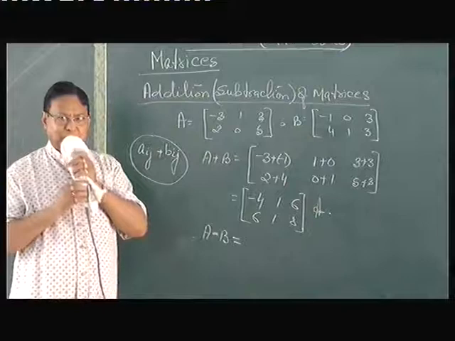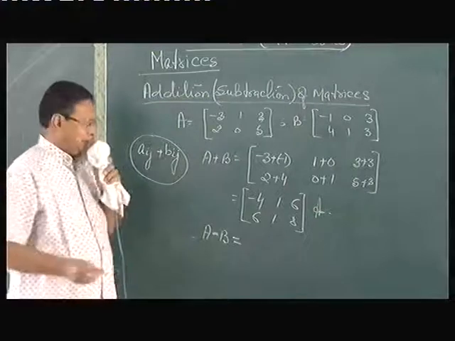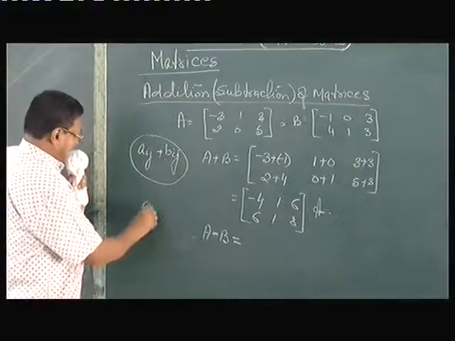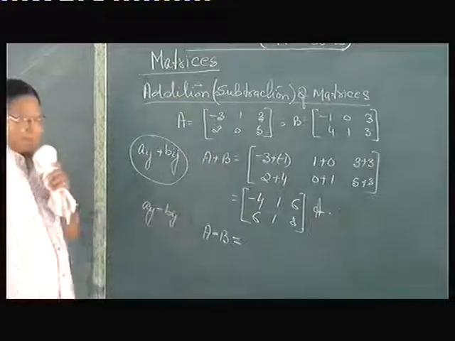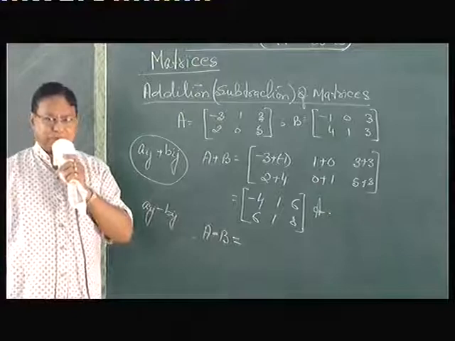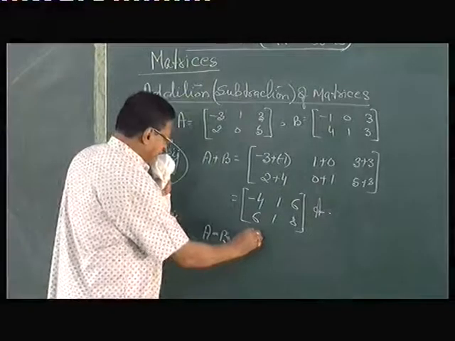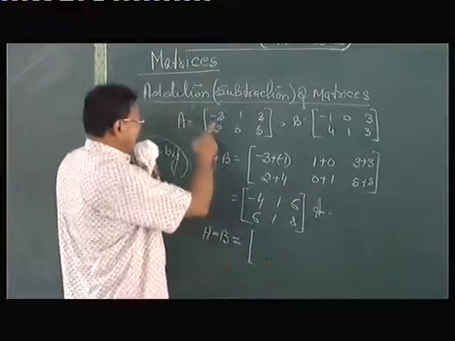Well, the same thing goes with the subtraction. Aij minus Bij. Corresponding elements to be subtracted. So A minus B. Now look at this.